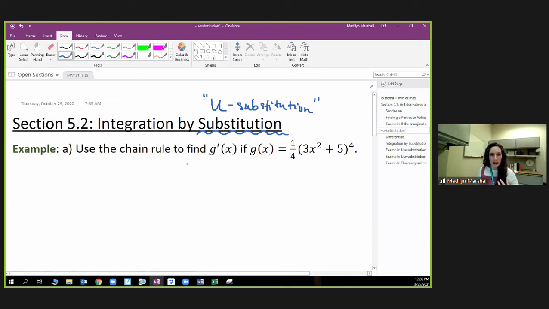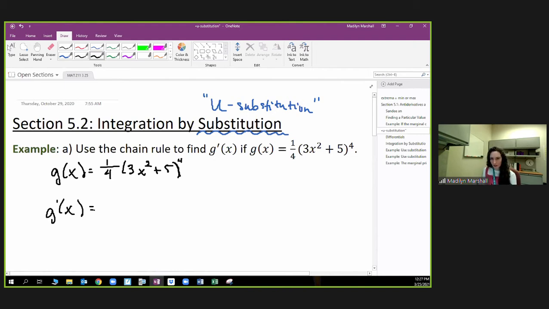So before we start in on U substitution, we're going to do just a little bit of chain rule review, brush off our derivative skills. So if we know g of x is 1/4 of all of this, and we want to know g prime, we identify our exterior and interior functions for the chain rule.